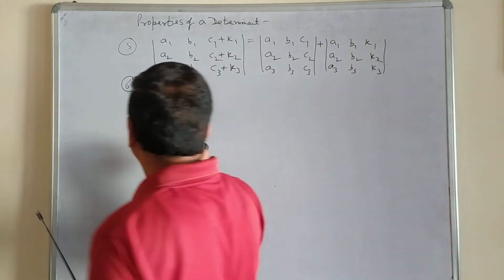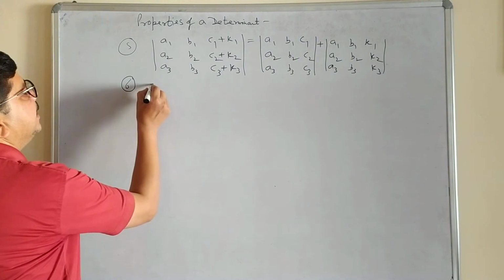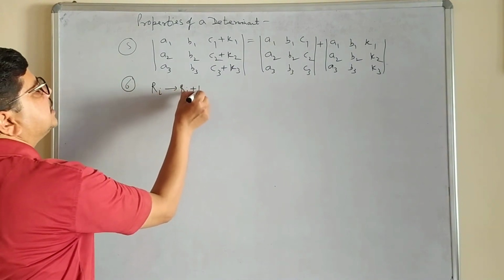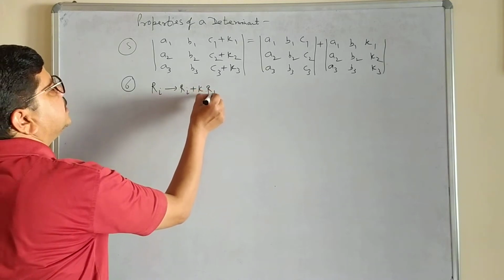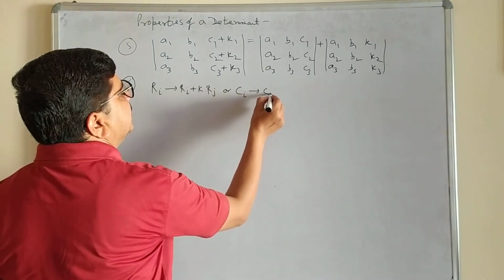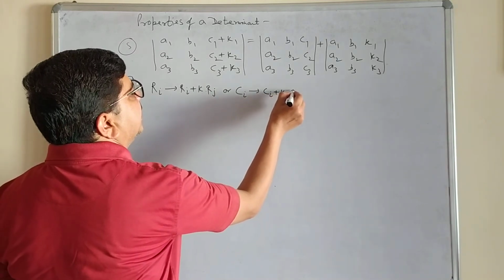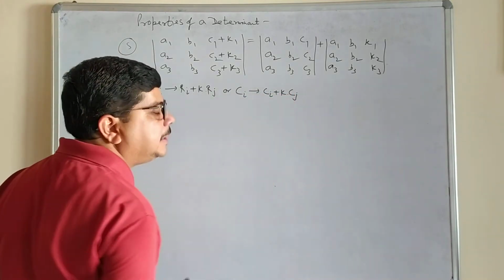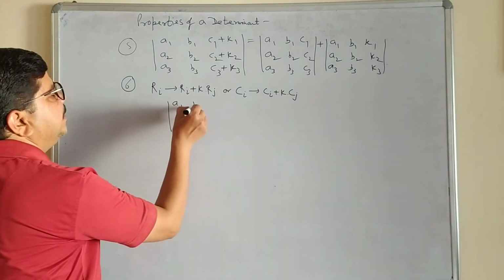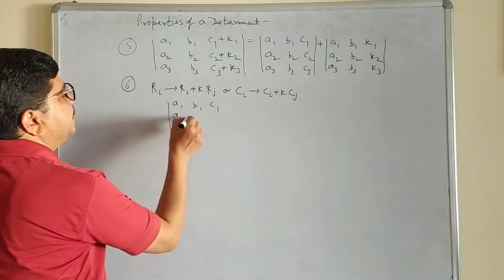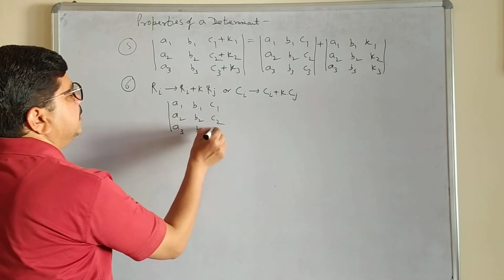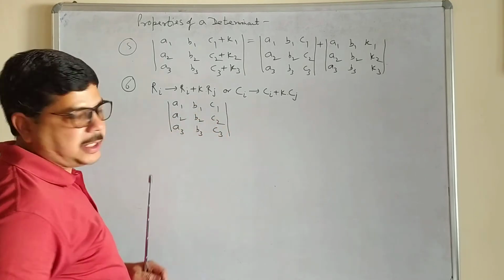See, I can write Ri as Ri plus K times Rj, or Ci as Ci plus K times Cj. Like A1 B1 C1, A2 B2 C2, A3 B3 C3. This is the determinant.